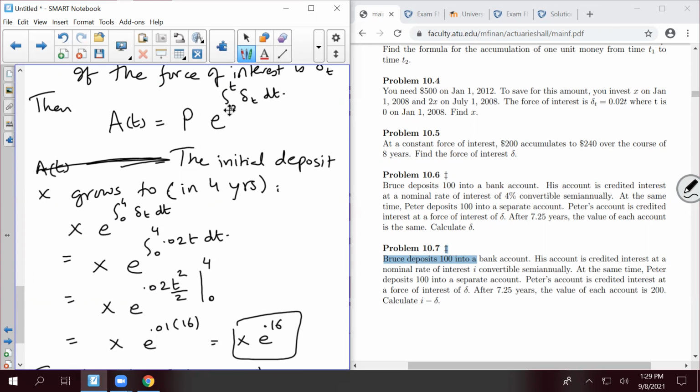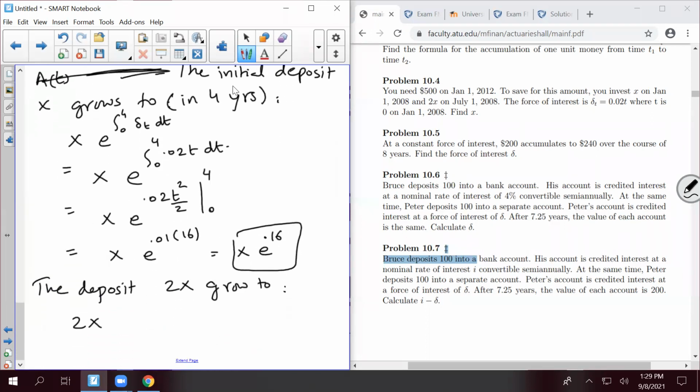So 0 in this case is 0.5. And it sits up to time 4. So this would be integral from 0.5 to 4, right? E power integral from 0.5 to 4 instead of 0 to 4 like we did in the first part. And again 0.02t dt.